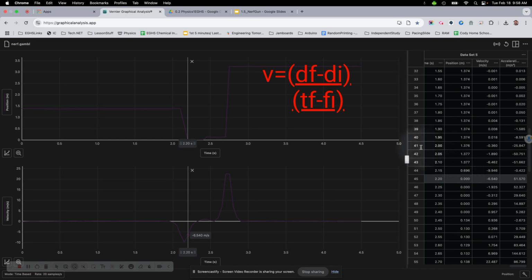My initial time would be wherever I started from, which is what I decided here, where it was going from not moving to moving. I chose 1.95. That can be a little bit different, but just make sure you pick where it's getting negative and getting faster and faster till it hits the Go Motion. That makes logical sense, right?